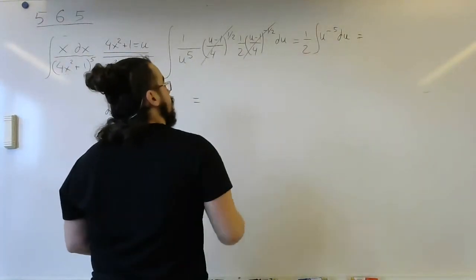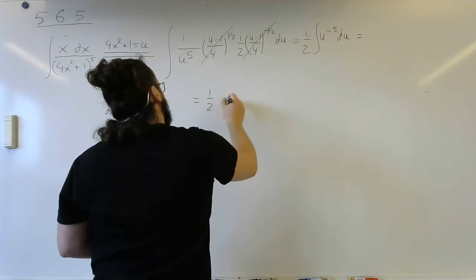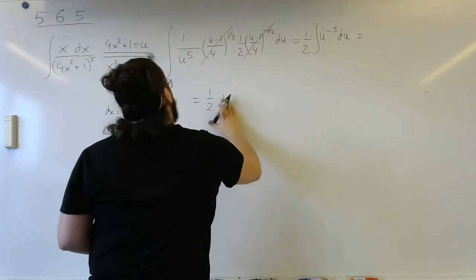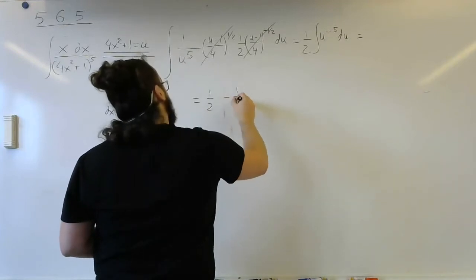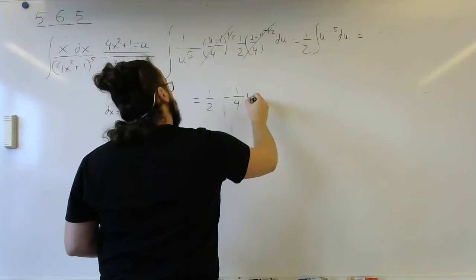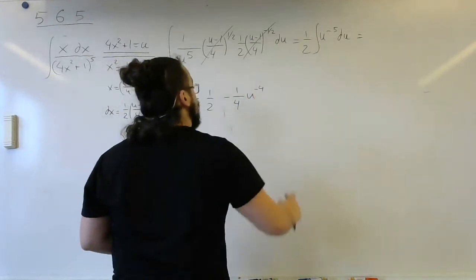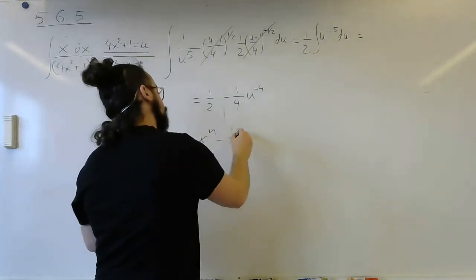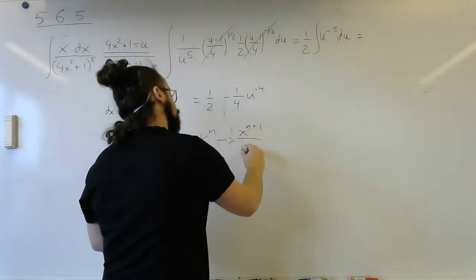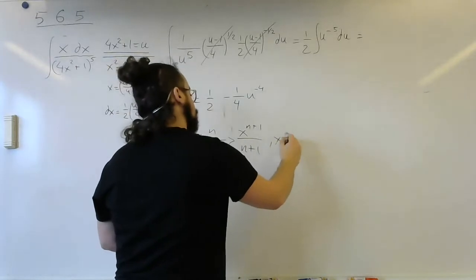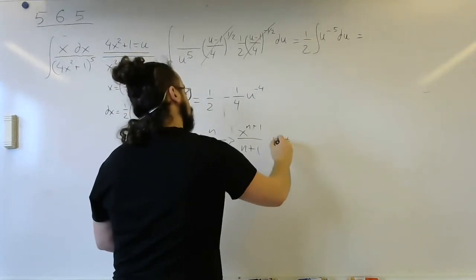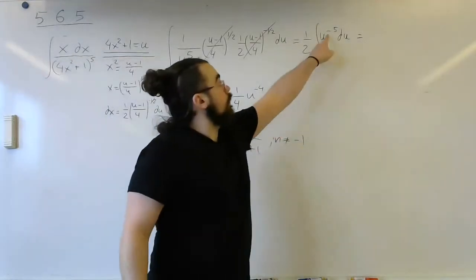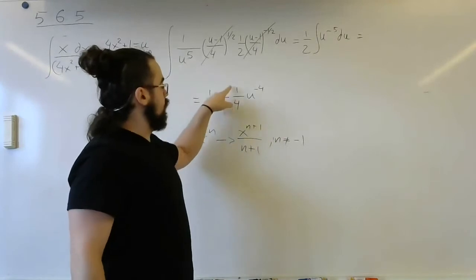For those of you who have been following the course, this is exactly minus 1/4 of u in power minus 4, right? This thing right here, n plus 1 is minus 4.